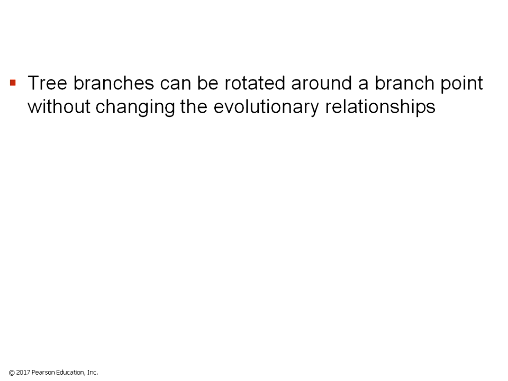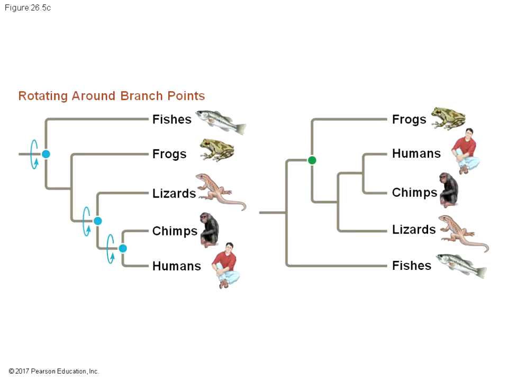Tree branches can be rotated around a branch point, and that rotation is not going to change evolutionary relationships. Keep that in mind. Okay, so here we have rotation that could occur around this branch point, around this branch point, or possibly around this one. So here we've changed our order.